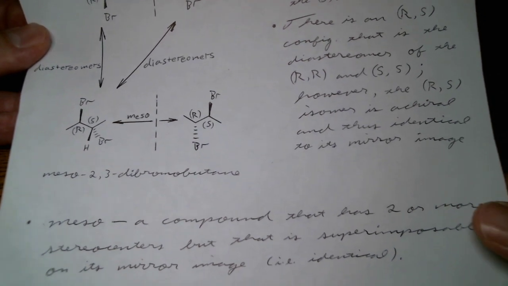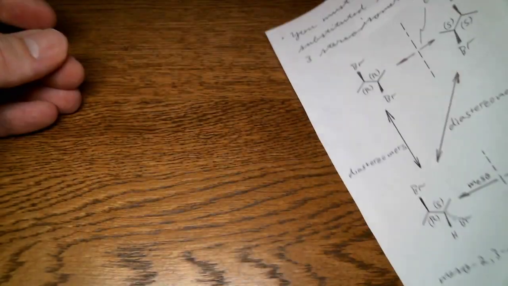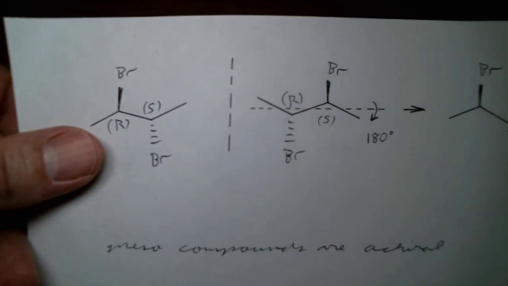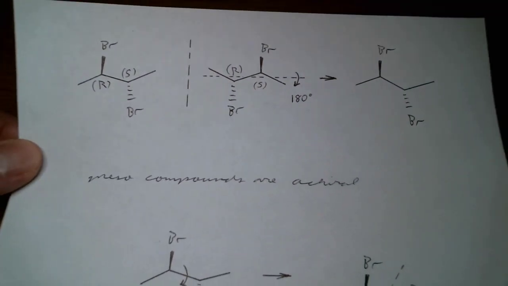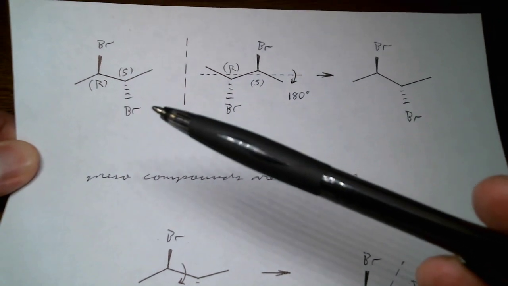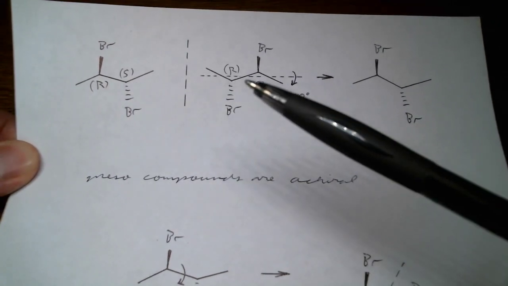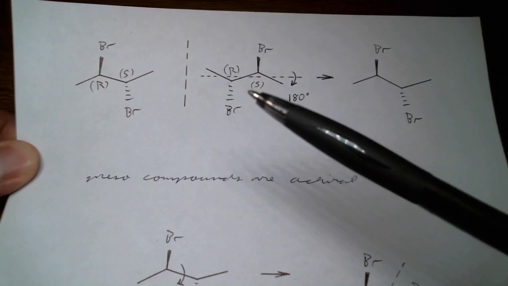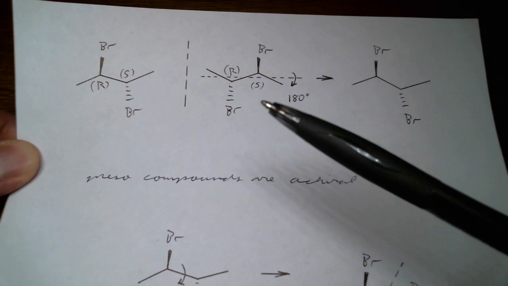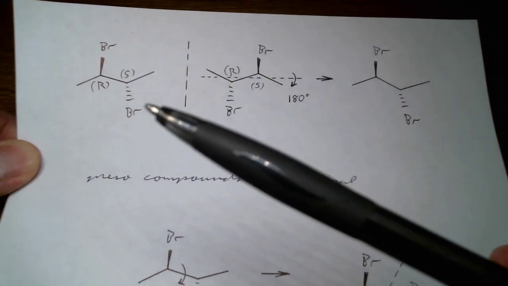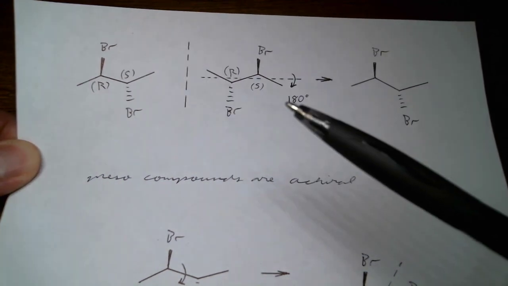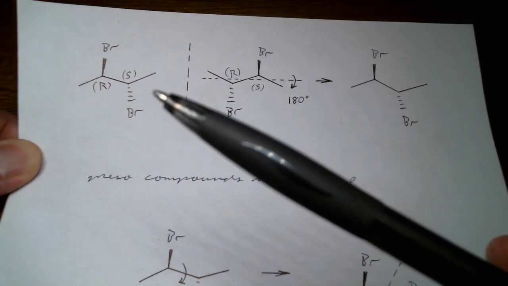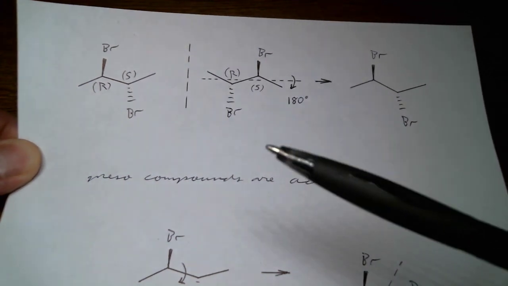I'm going to try to prove to you on two-dimensional paper that those molecules really are superimposable, and I might have some help from a molecular model to get a more three-dimensional sense. You can see that this molecule doesn't look like it will be able to superimpose, at least if you flip it over, rotating around a vertical axis 180 degrees.